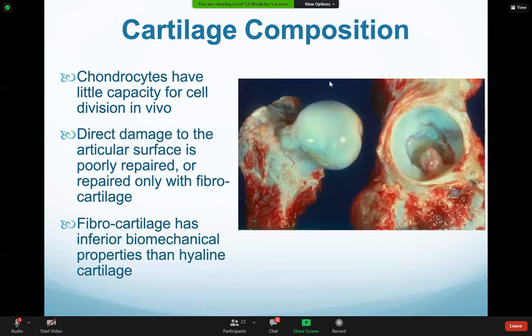Chondrocytes have little capacity for cell division in vivo, meaning that when there's direct damage to the articular surface, it is poorly repaired, or repaired only with fibrocartilage, which is of lesser quality than hyaline cartilage. It has inferior biomechanical properties compared to hyaline cartilage.